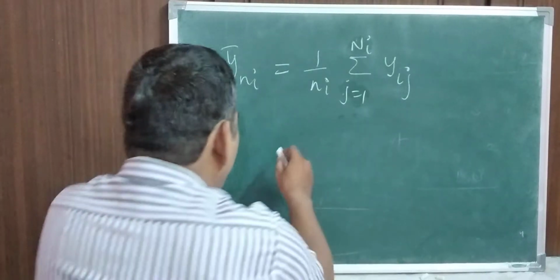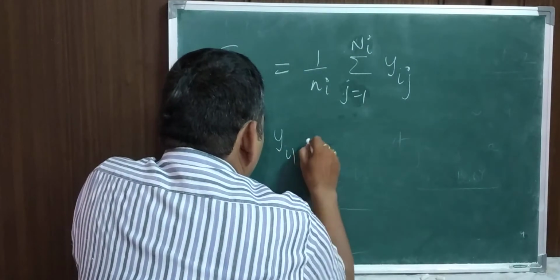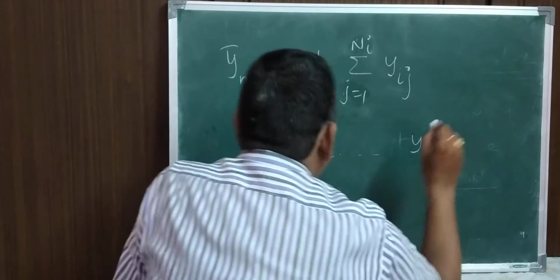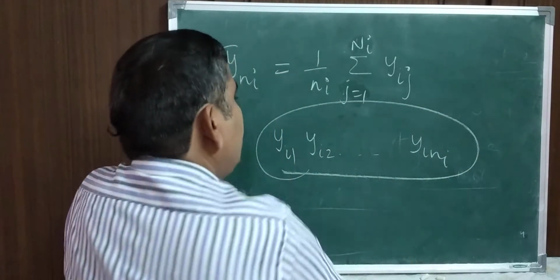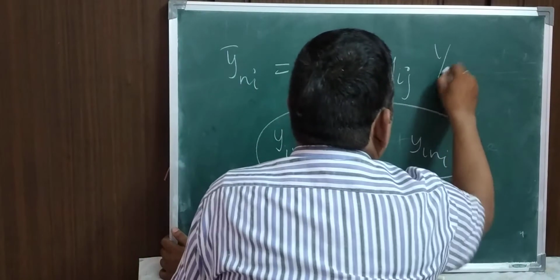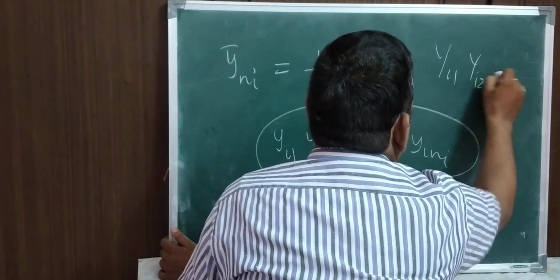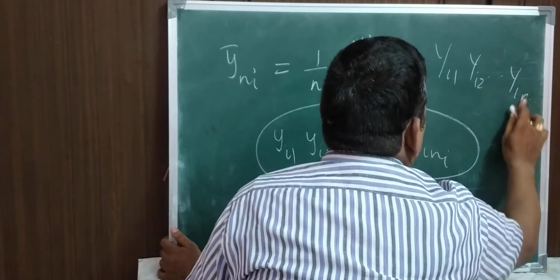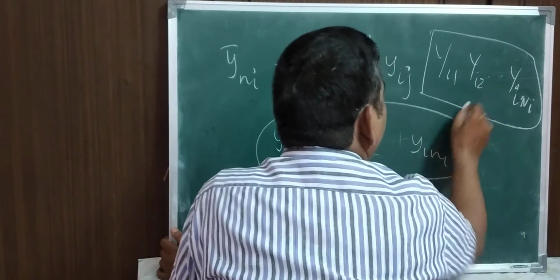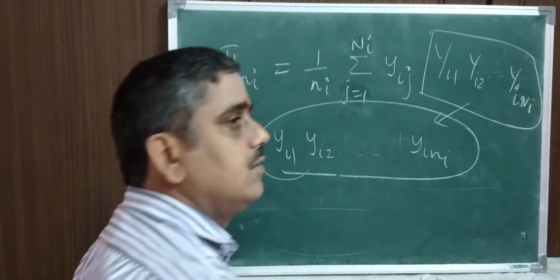The units I write: capital Yi1, capital Yi2 and so on, capital Yi Ni. From these units, the selected units are these.